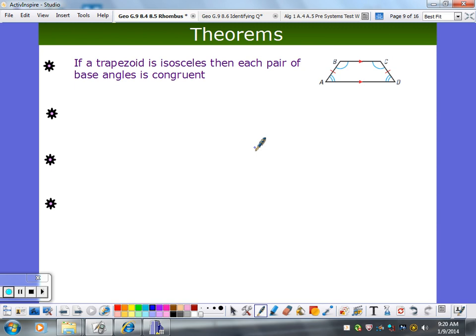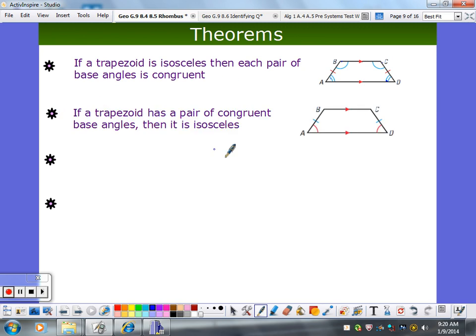Some theorems. If a trapezoid is isosceles, meaning the non-parallel sides are congruent, you get two sets of base angles, and both of those sets are congruent now to each other, but it's not necessarily four congruent angles. So the bottom base angles are congruent to each other, and those top base angles are going to be congruent.